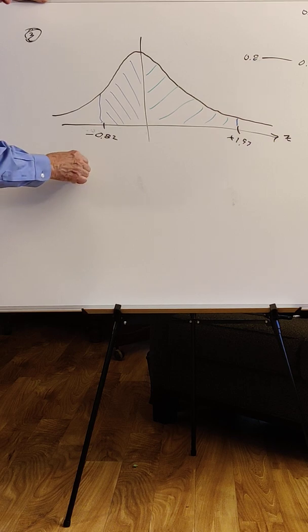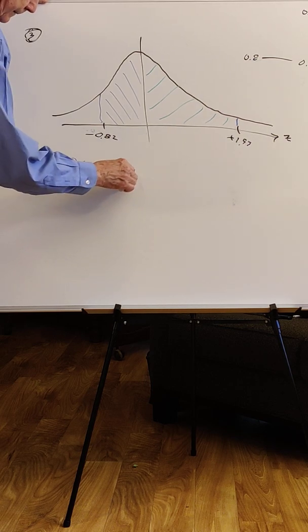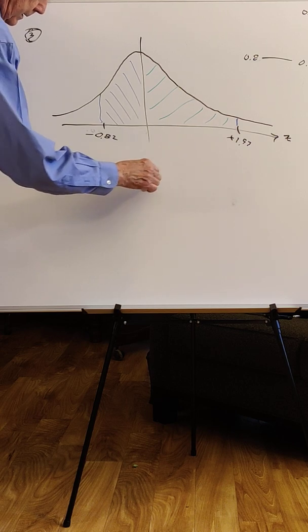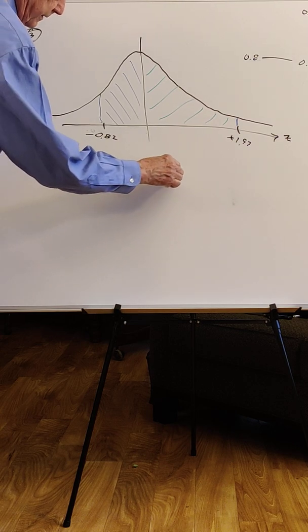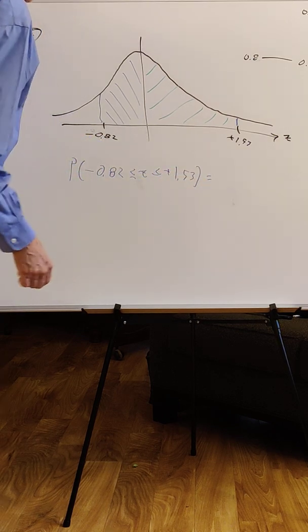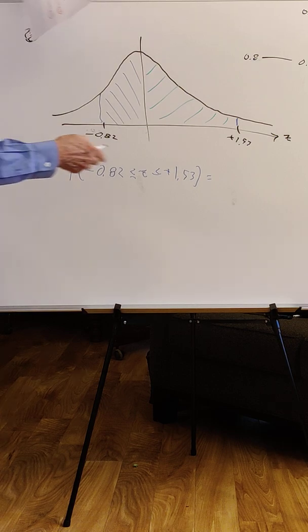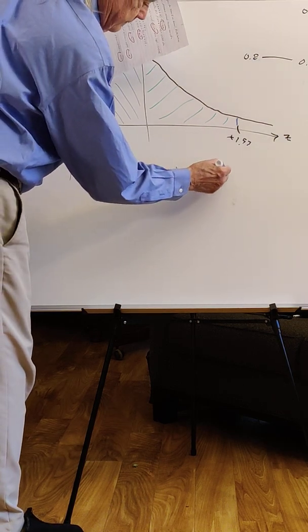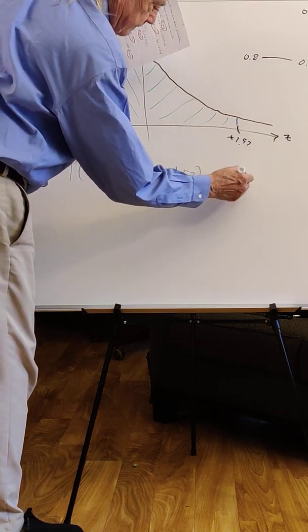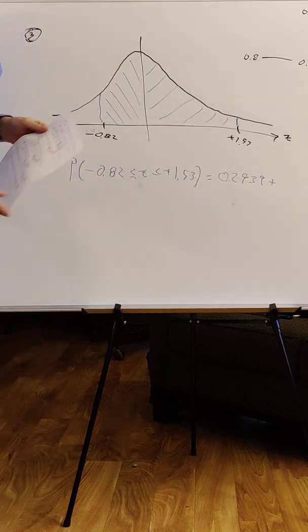So the probability that z is between minus 0.82 and plus 1.53 is problem 2's answer. That was 0.2939. Plus the area from 0 to 1.53.